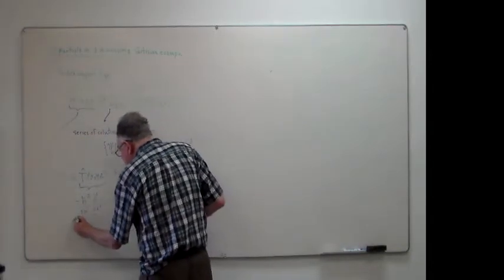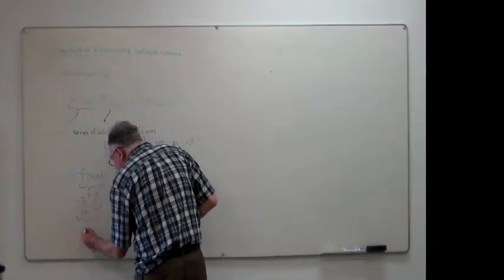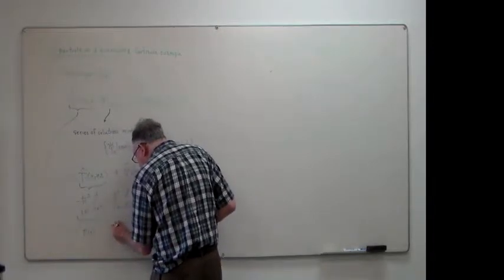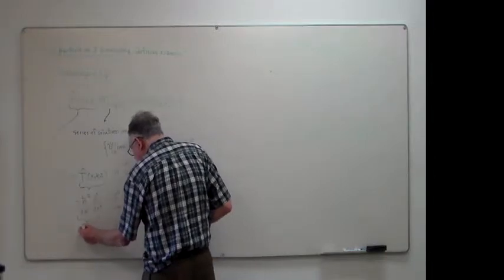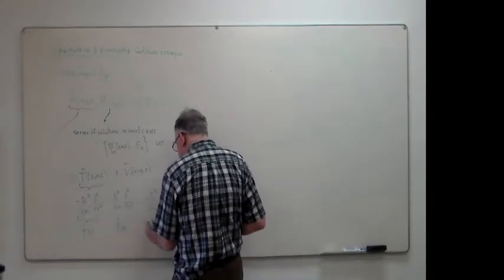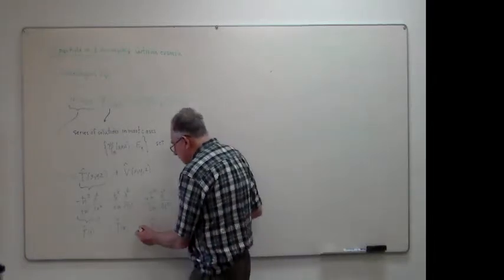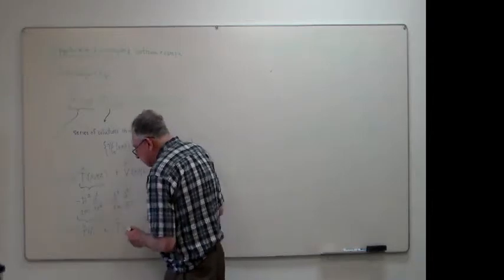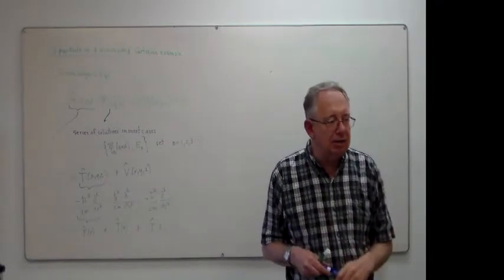Now, this is really the x kinetic energy operator in one dimension. This is really the y kinetic energy in one dimension. And this is the z kinetic energy in one dimension. And that fits with our intuition. We can have the energy of motion in the x, y, and z directions.